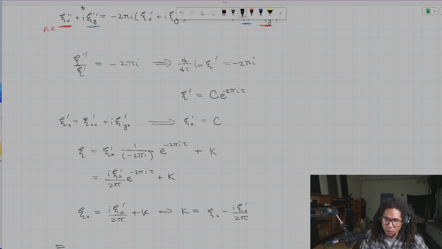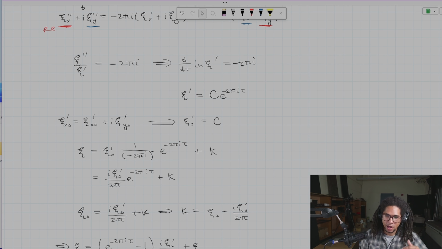All right, so when all is said and done, c is equal to e to the minus 2 pi i tau minus 1 times i c naught prime over 2 pi plus c naught.